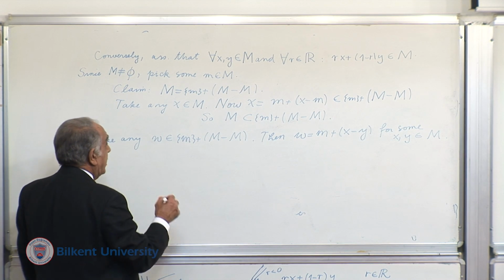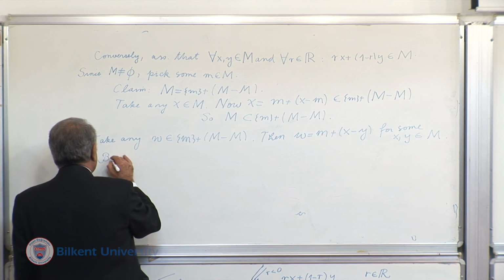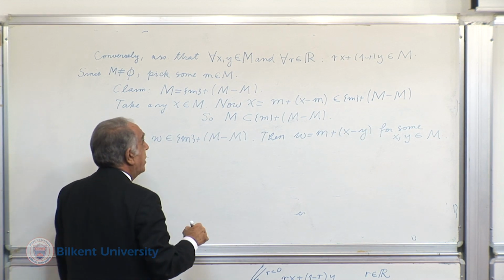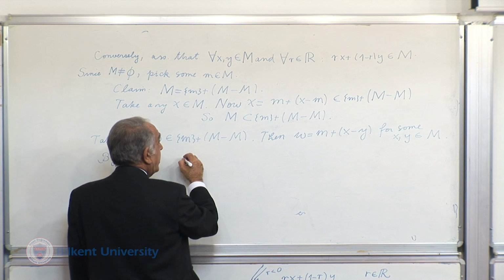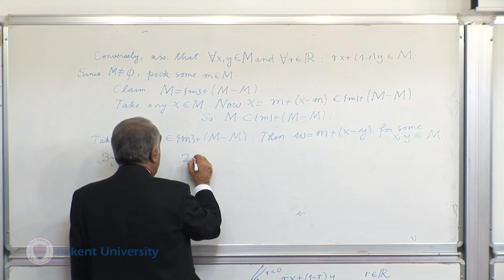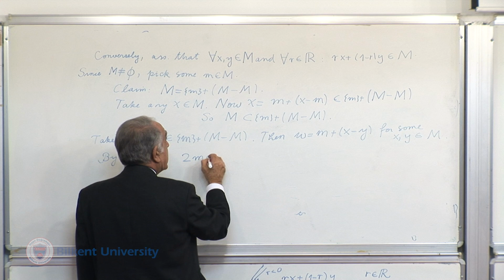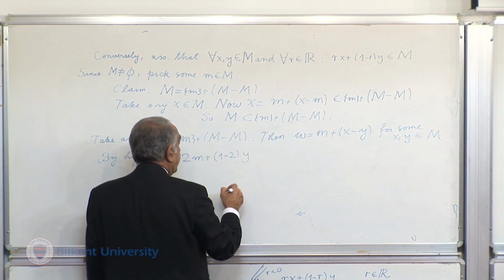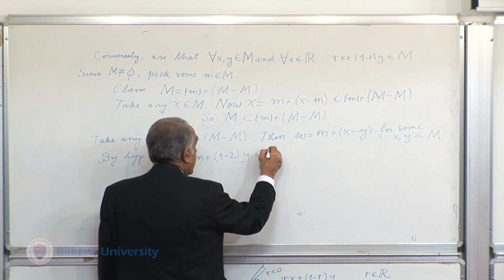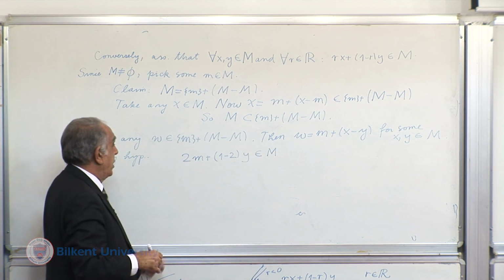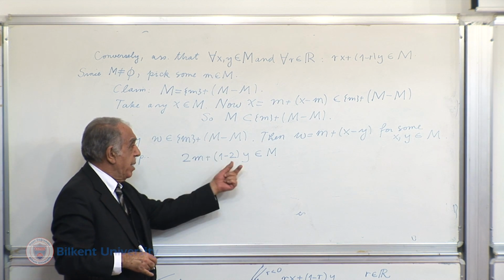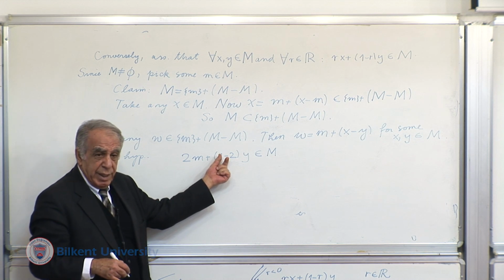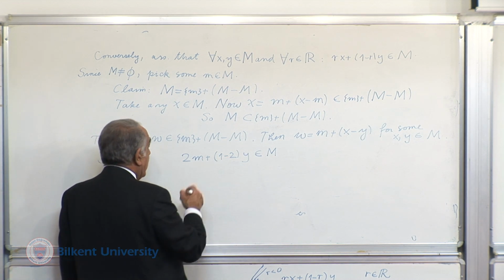Now, by hypothesis, 2m plus 1 minus 2 y, this is in M, because m is in M, y is in M. If r is 2, then this will be this.